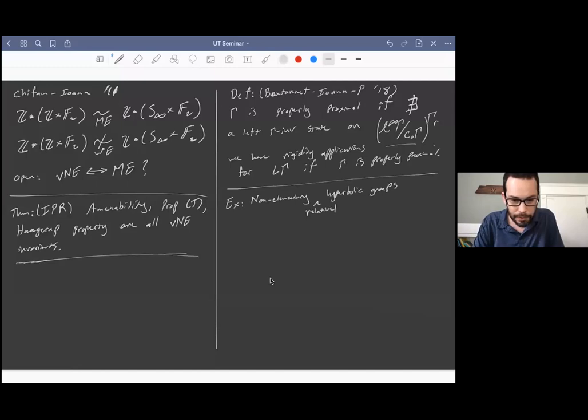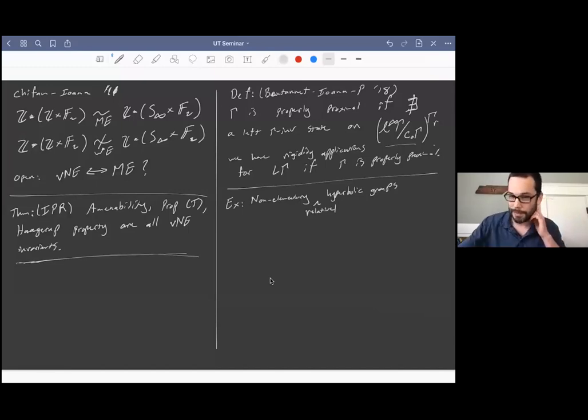How is this definition related to the usual notion of proximality in dynamical systems? Yeah, the terminology is derived from there. For the sake of time, maybe I won't say the reason, because there's another equivalent definition.